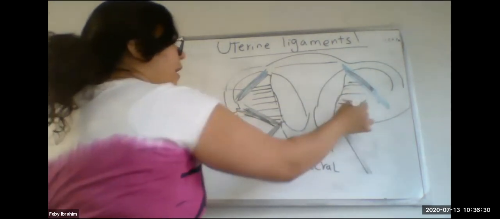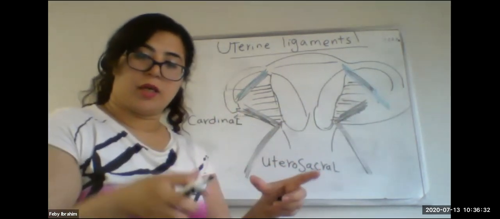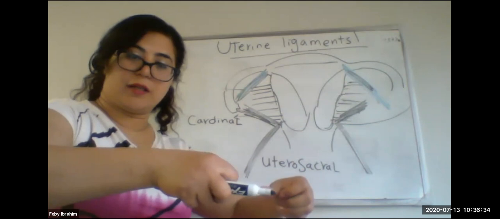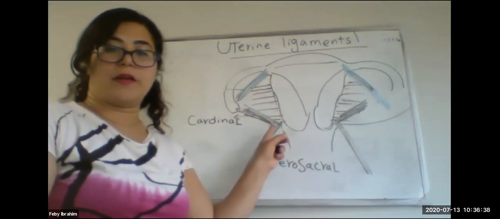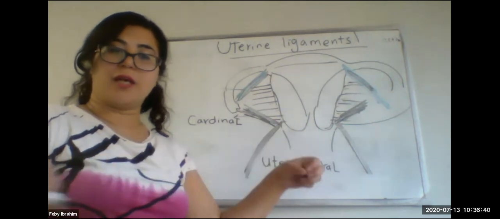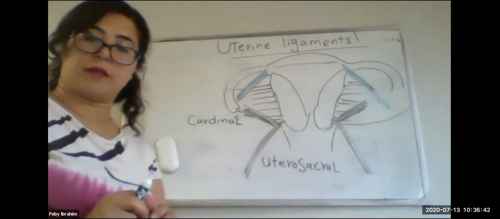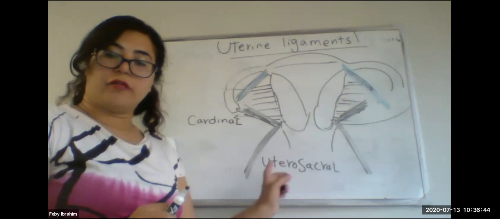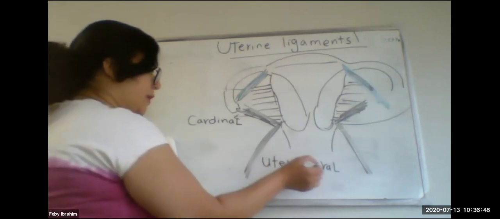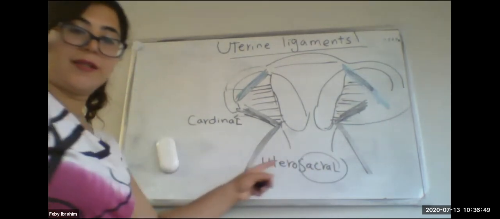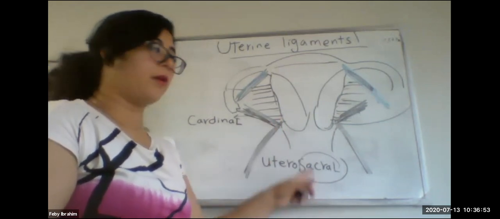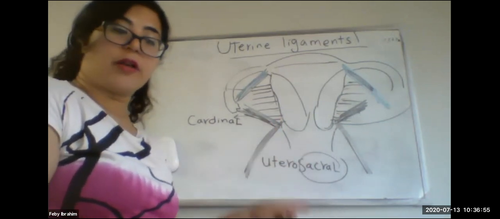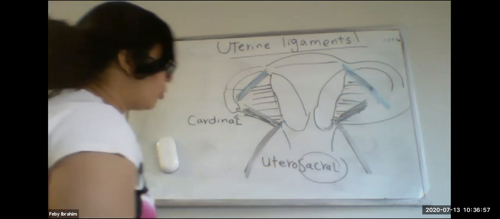This cardinal gives the cervix lateral support, so it goes from the cervix to the side wall of the pelvis. Uterosacral, from its name, sacral, anchors the uterus to the sacrum. The sacrum gives posterior support.